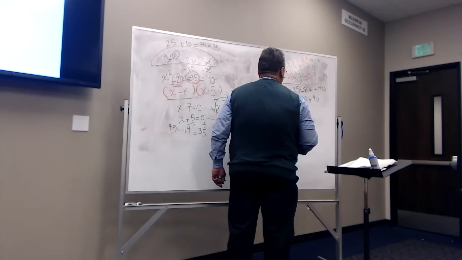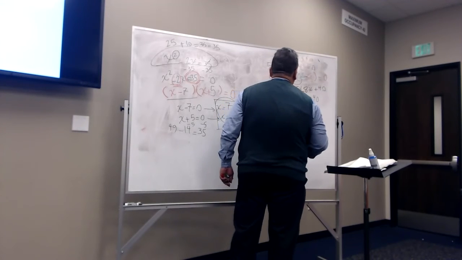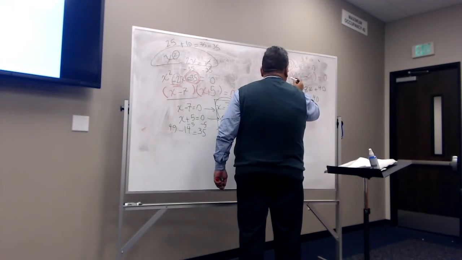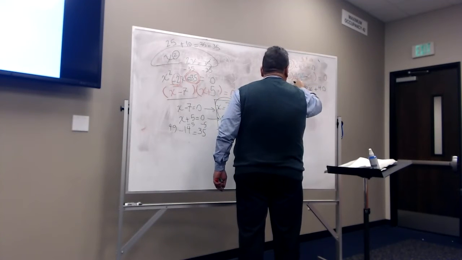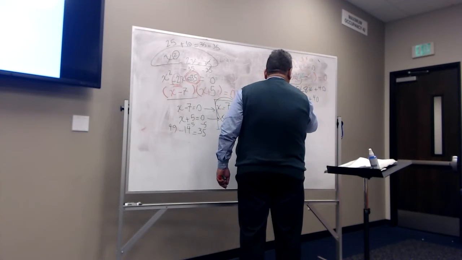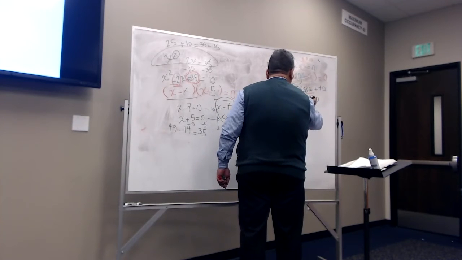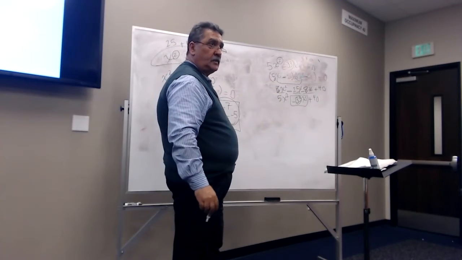Factorization of 40 is 8 and 5, and minus 33. Considering this 5x here, you have to keep that in mind. When you do the multiplication, you get 25x minus 8x, which add up to 33. Right?